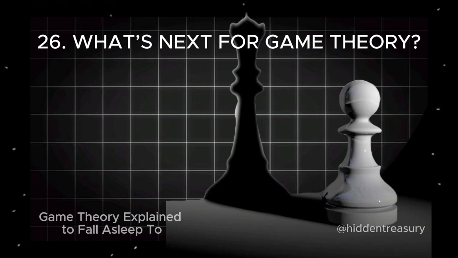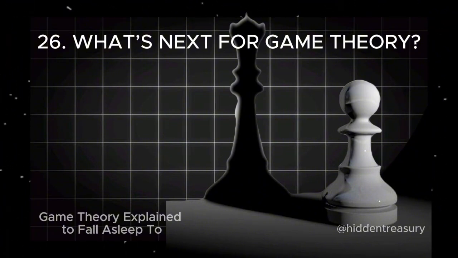From drone fleets to decentralized finance platforms, these systems require coordination and conflict management. Future models of game theory are being designed to track and balance hundreds or even thousands of players interacting simultaneously with goals that overlap or compete.